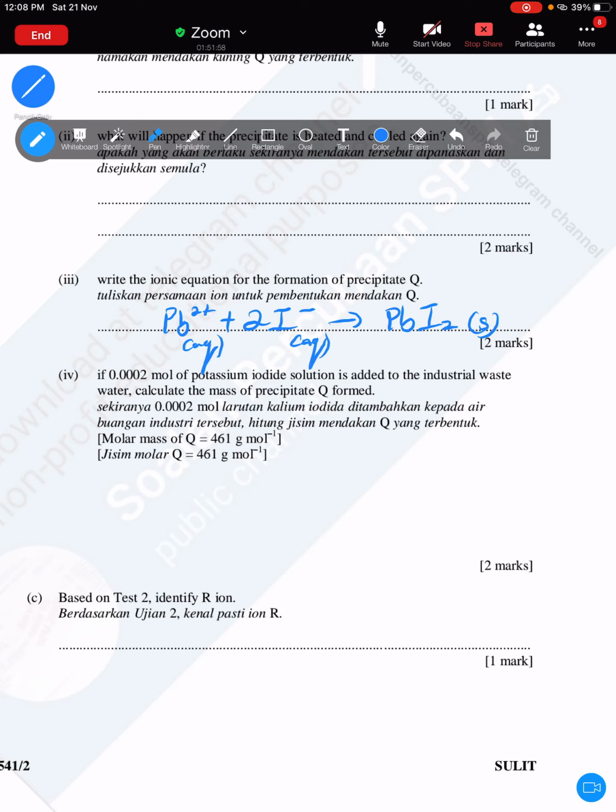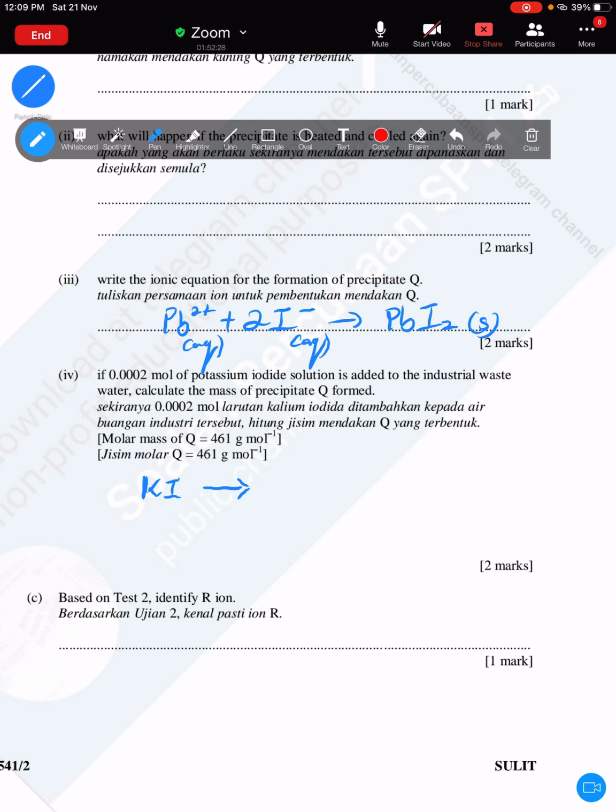Okay, good. If 0.002 mole of potassium iodide solution is added to the industrial waste water, calculate the mass of precipitate Q formed. Tricky. Okay, guys, you have potassium iodide, and I do it one by one.